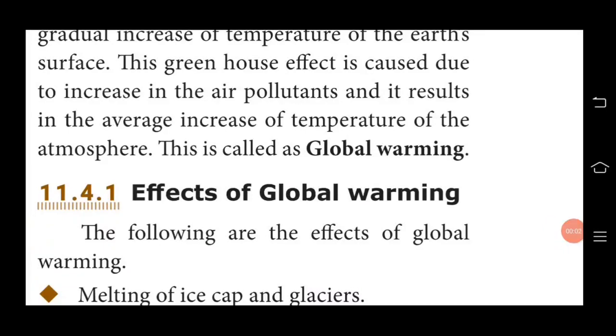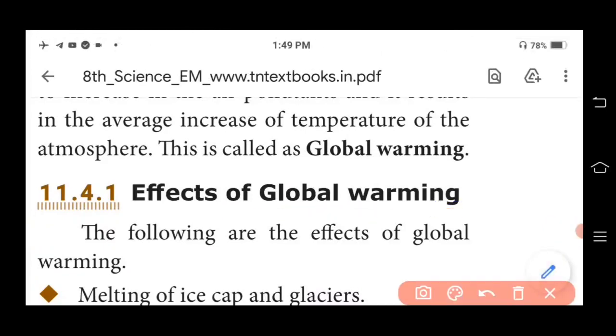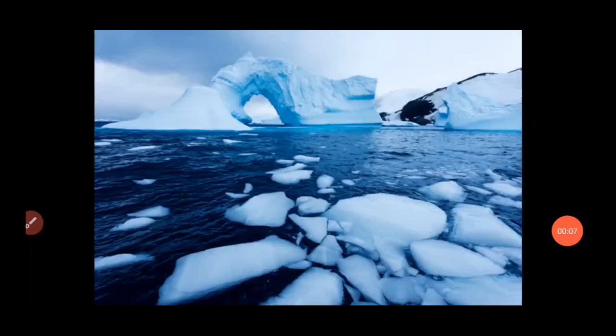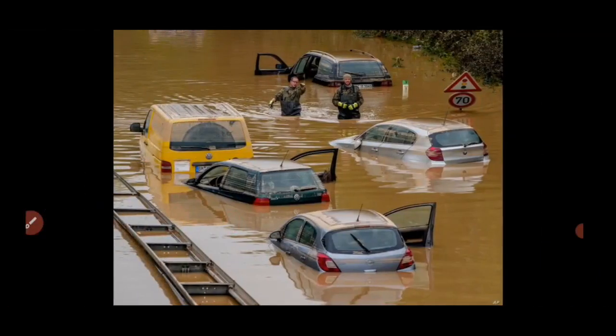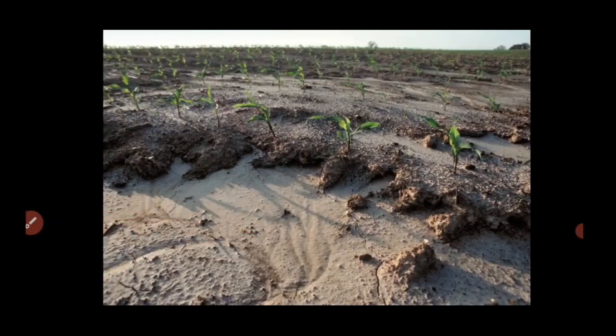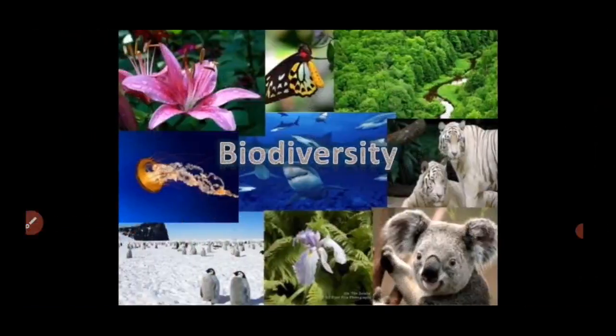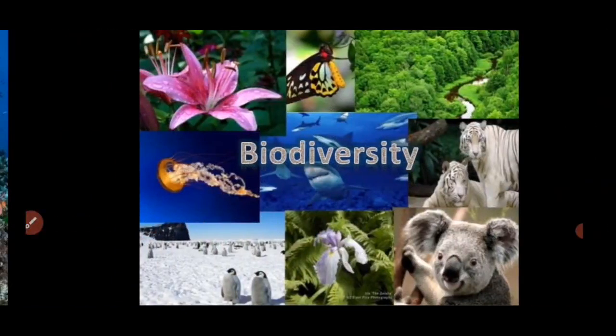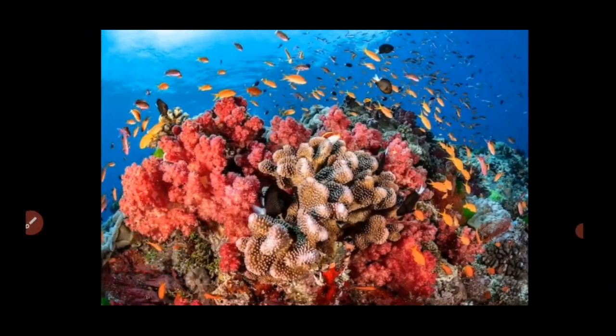Our next topic is effects of global warming. Students, global warming causes melting of ice caps and glaciers in the Antarctica, and it increases the frequency of floods, soil erosion and unseasonal rains, and also loss of biodiversity due to the extinction of coral reefs and other key species.